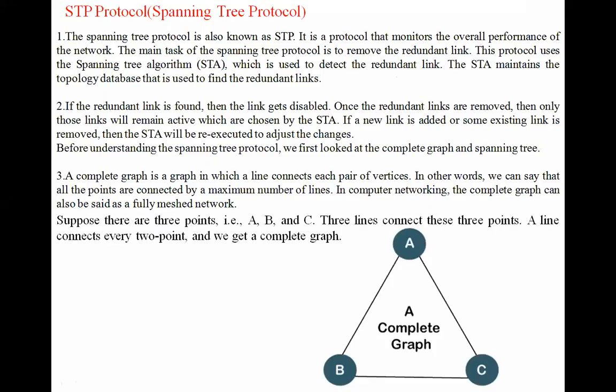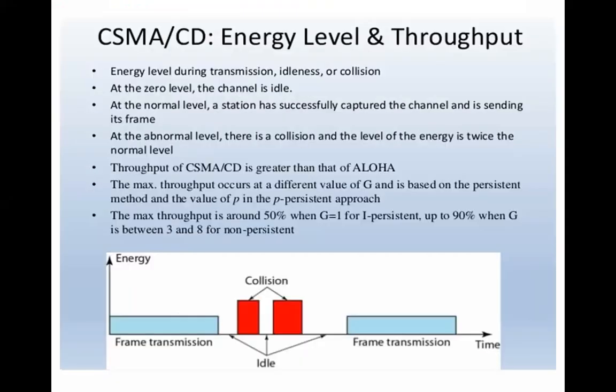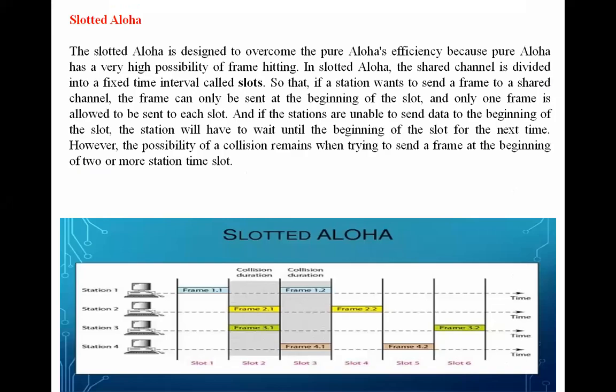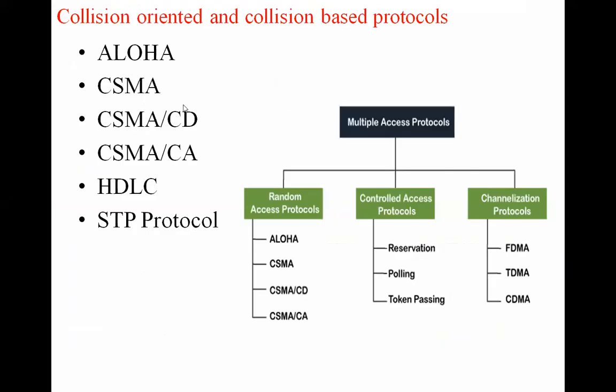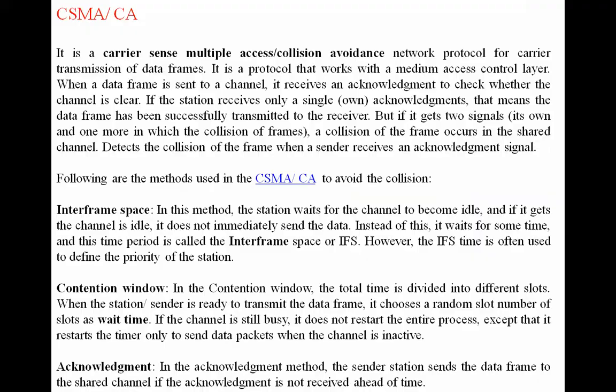Second is CSMA. Aloha we have seen. Carrier sense multiple access we have seen. Carrier sense multiple access with collision detection. Carrier sense multiple access with collision avoidance. High level data link control and spanning tree protocol. These are all the 6 protocols with respect to collision detection and collision avoidance.